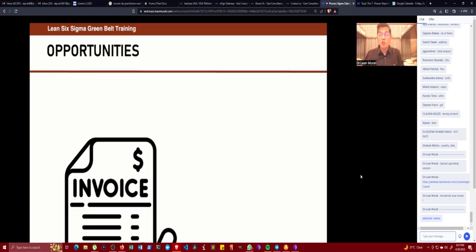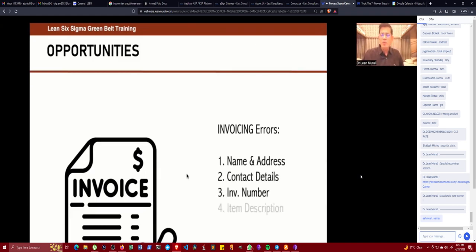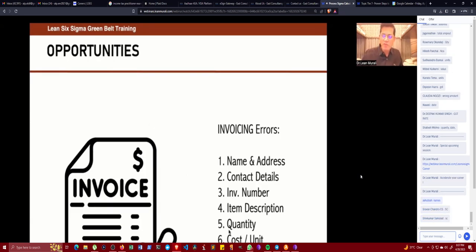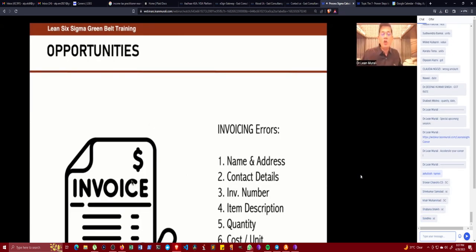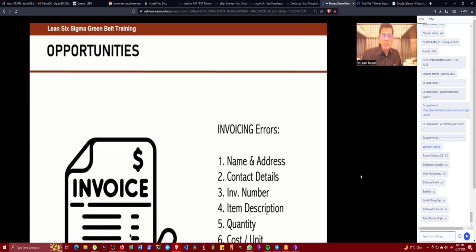They should not go wrong. So each of them is called an opportunity. For example, name and address, contact details, invoice number, item description, quantity, cost per unit, total amount. Let us take these things as important for the invoice for the sake of example. And these are all called opportunities.